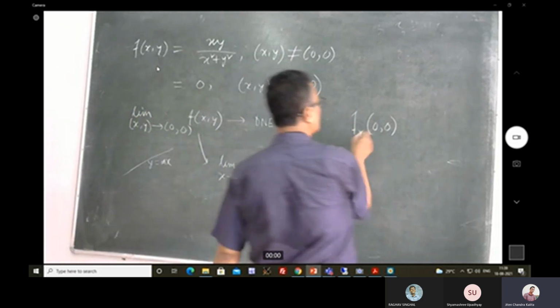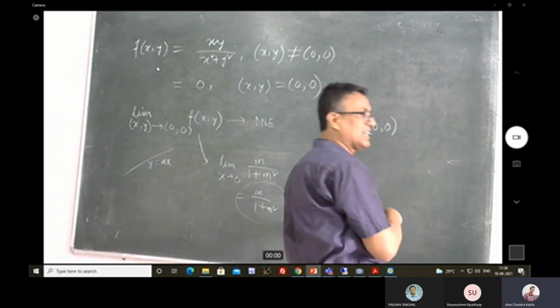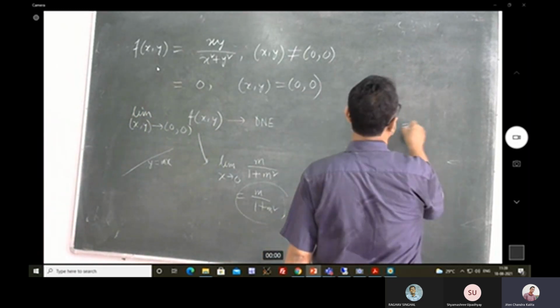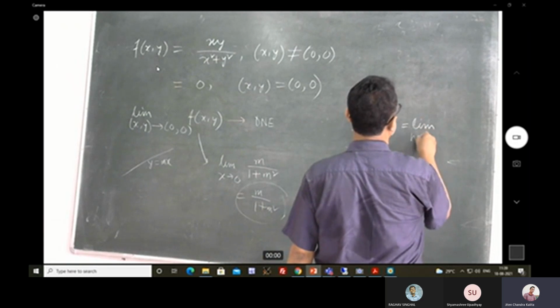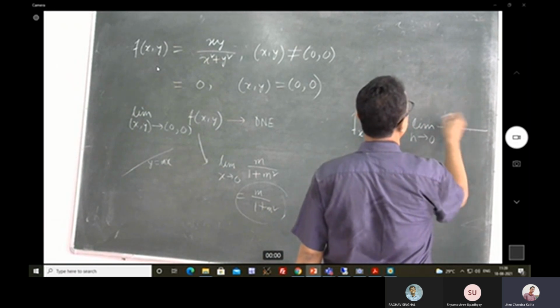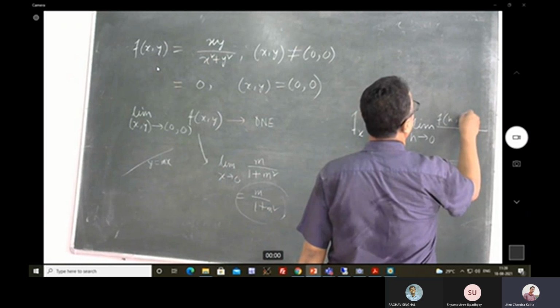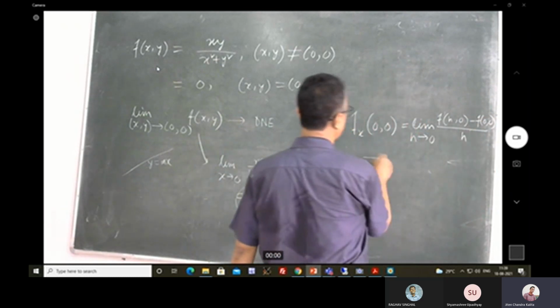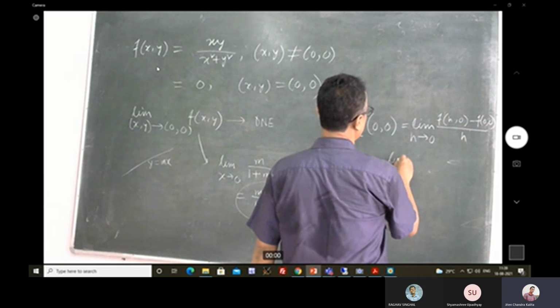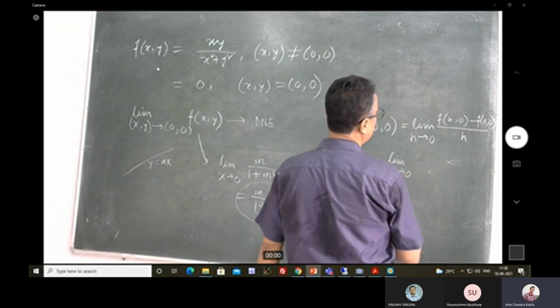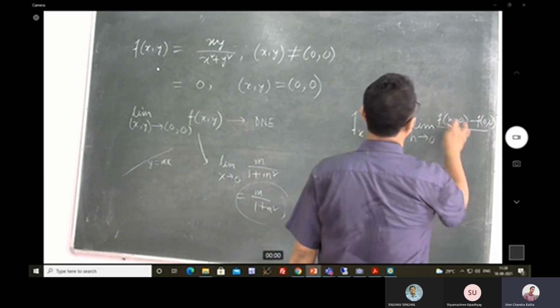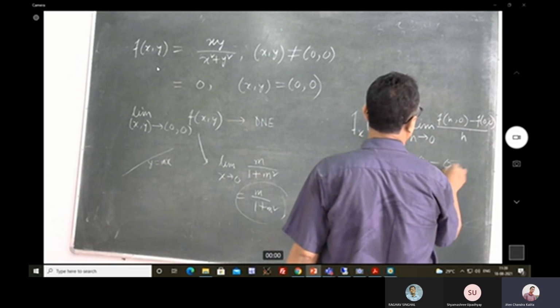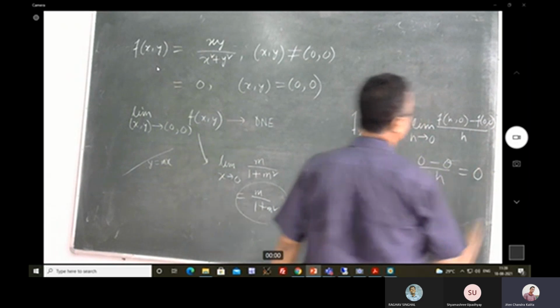If I take the partial derivative with respect to x, that should be good enough for us to have an idea. This is simply, from the definition of partial derivative, the limit as h tends to 0. This is 0, right?